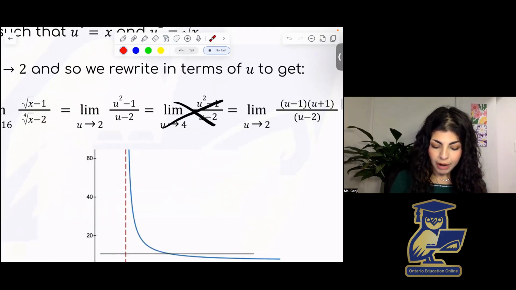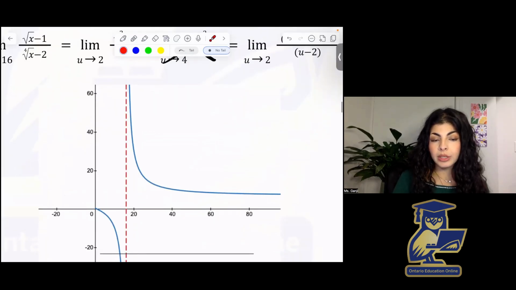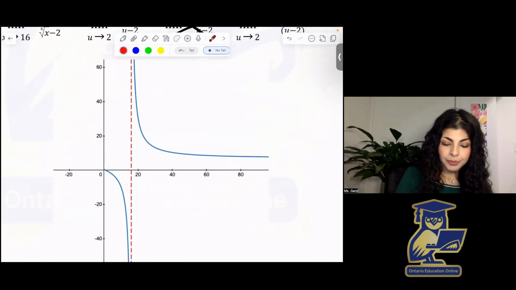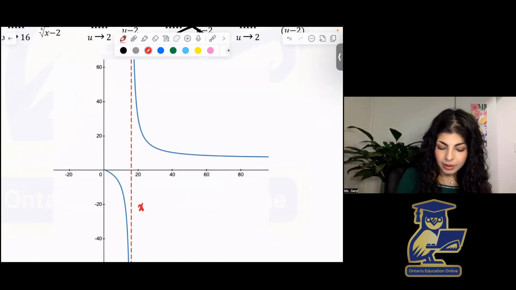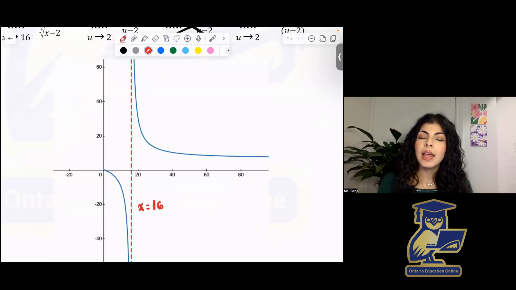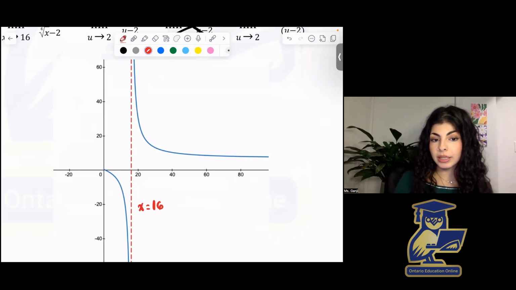So here I've actually graphed the function for you, and it's shown in blue. And the red line is x equals 16. And you can see that the function doesn't actually reach any specific value as x is approaching 16, or in the change of our variable as u was approaching 2.